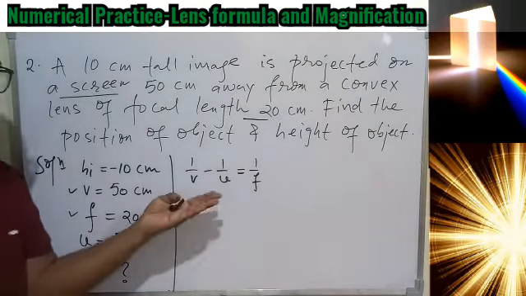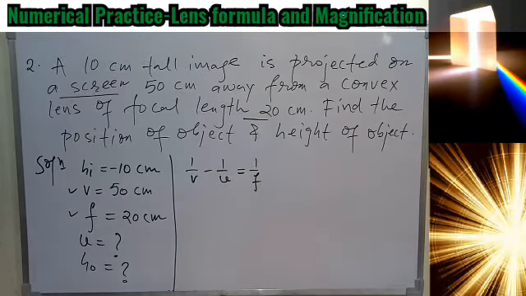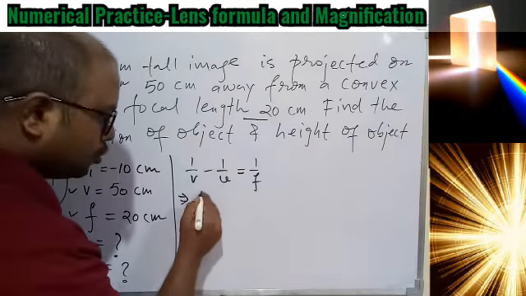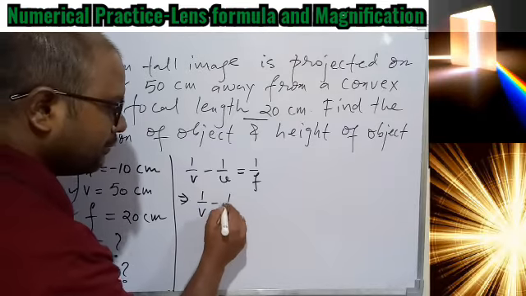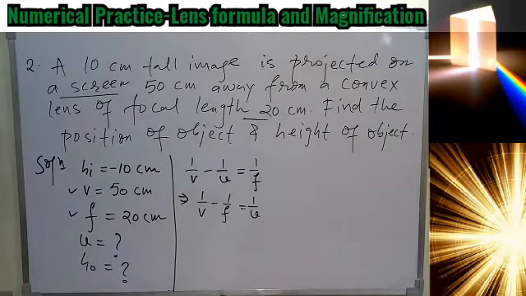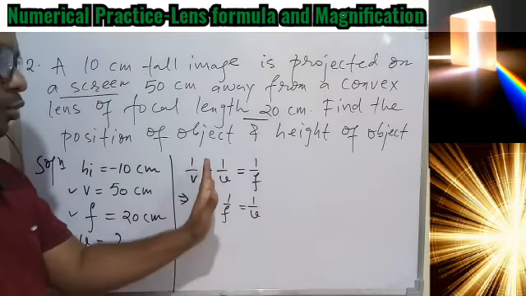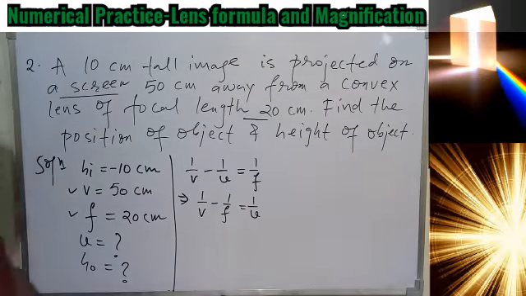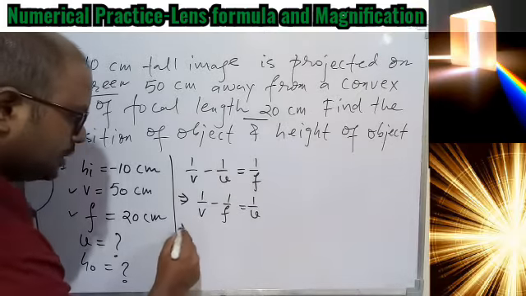If you make a mistake at the beginning, then the entire numerical will be wrong. Here we have to find u. So 1 by v, 1 by f will come this side, 1 by u let it be the other side, so we can modify the equation properly. So 1 by u will go this side, that will become positive, 1 by f will come this side, that will become negative.